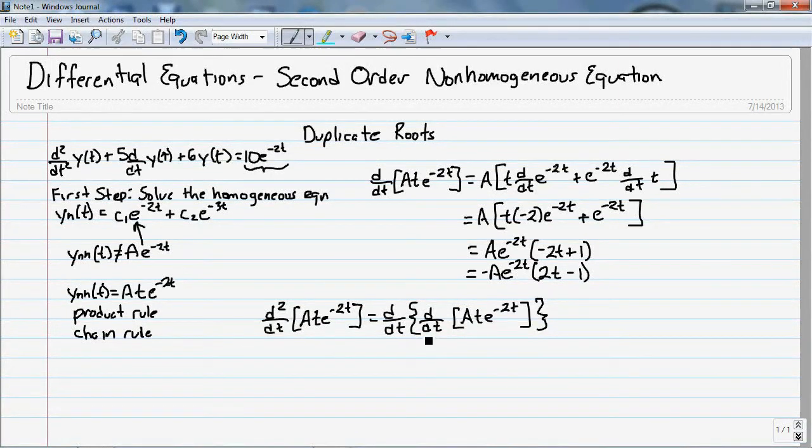And we've already done the inside. Don't want to forget our negative sign.